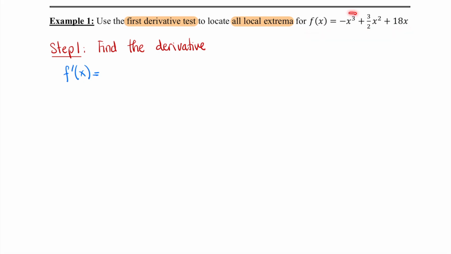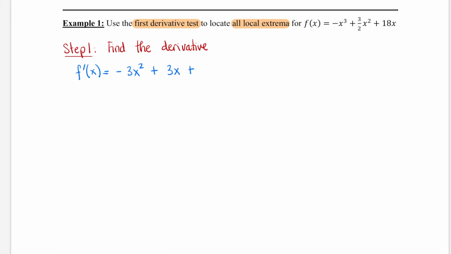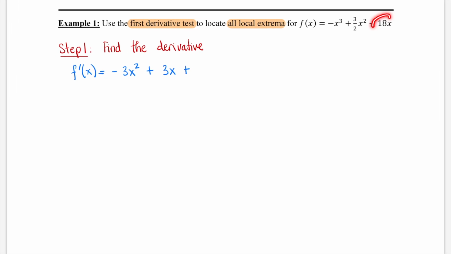The derivative of negative x cubed is negative 3x squared. The derivative of 3 over 2 x squared is 3x. The derivative of 18x is 18.